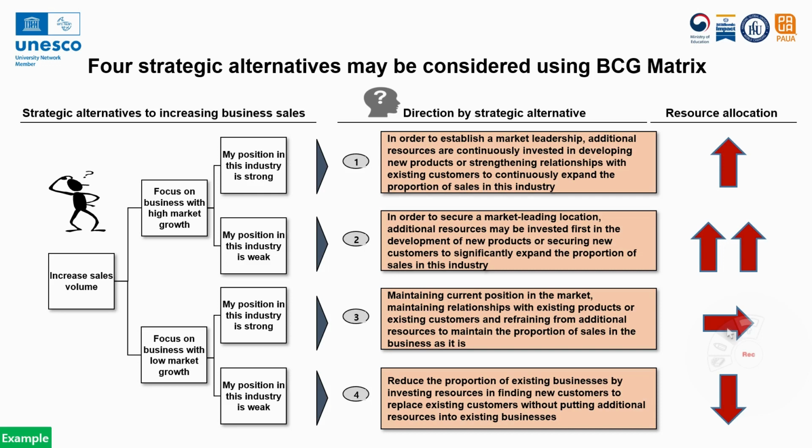That's the dog area according to the BCG matrix. So in each of those 4 different areas, we can draw the strategic direction or direction by strategic alternatives, something like that. Okay.